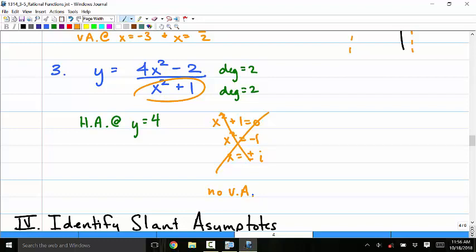If you set your factors in your denominator equal to 0 and you get i's, there's not going to be any vertical asymptotes. This function only has a horizontal asymptote. And where is it? y equals 4. There would be a horizontal asymptote up here. Are there any common factors? No, so there are no holes.